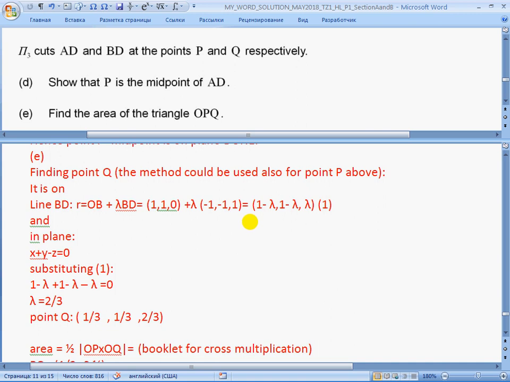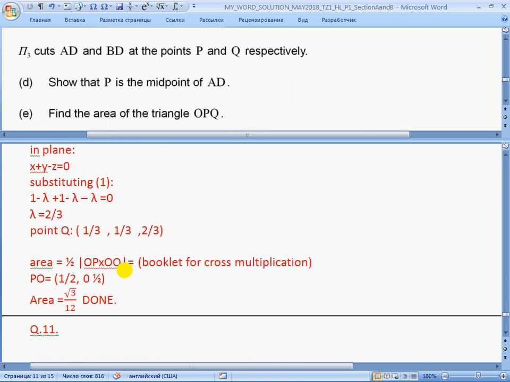Our point Q is on this line and is on the plane. The plane equation is there, so we substitute the point from the parametric equation, and we should find lambda. Lambda will identify the position of point Q. Lambda found, substituted, and we know point Q.